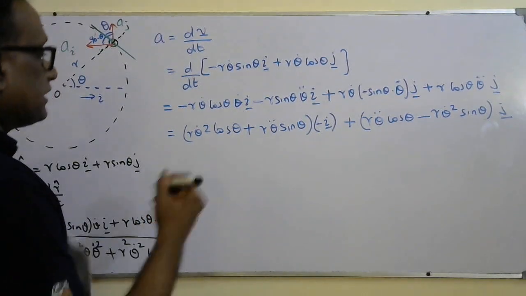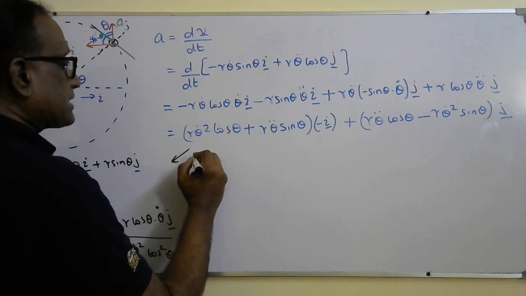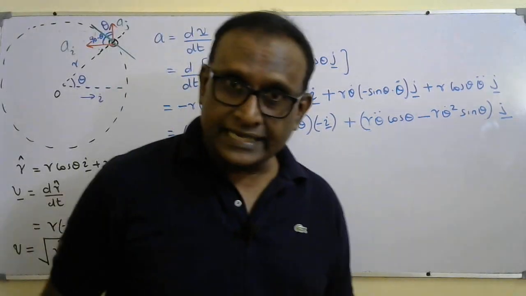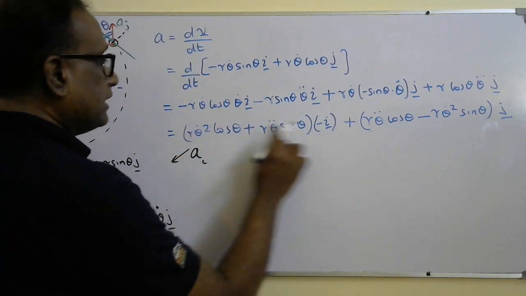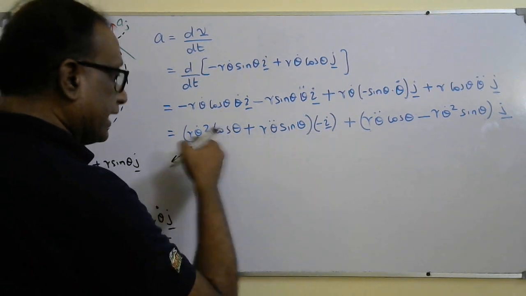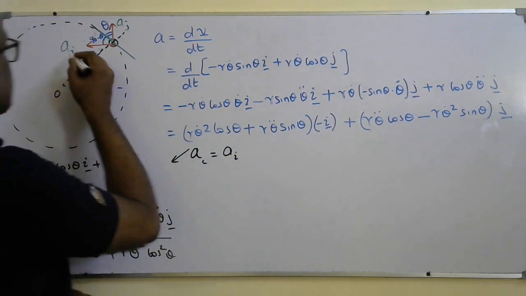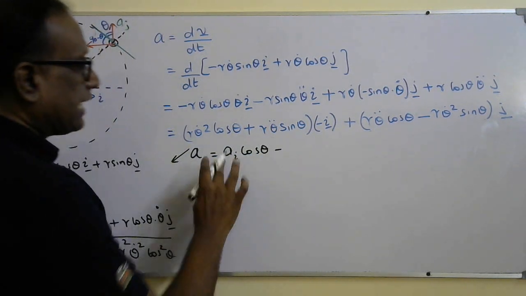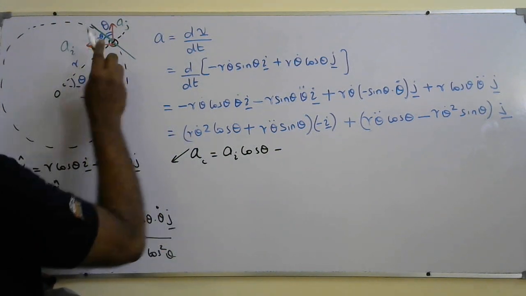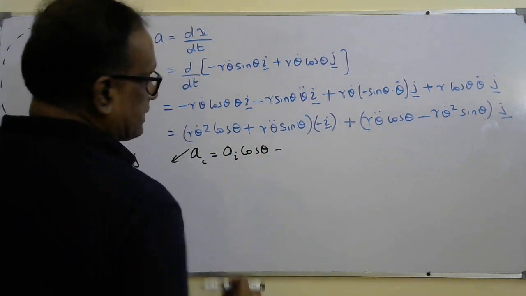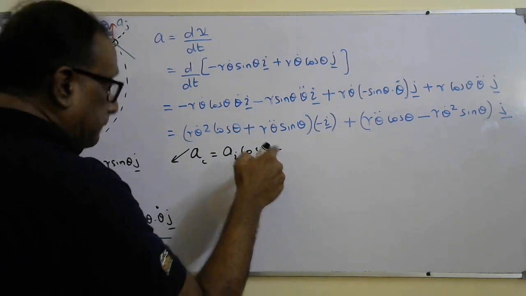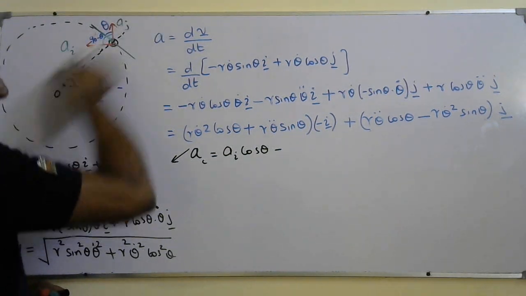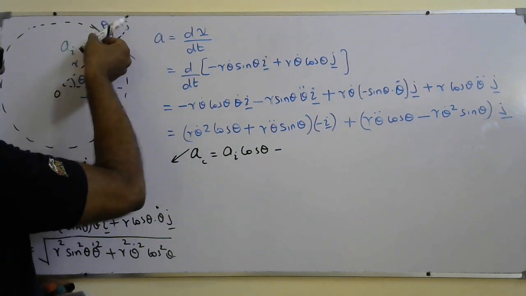So the acceleration towards the center, that is the centripetal acceleration, I put it as a_c, where c stands for centripetal, towards the center. That is going to be a_i sine of 90 minus theta, that is cos theta, so a_i cos theta, minus a_j sine theta. Because a_i is to the left due to the minus sign, and when you resolve a_j along the radius, it is in the opposite direction, away.